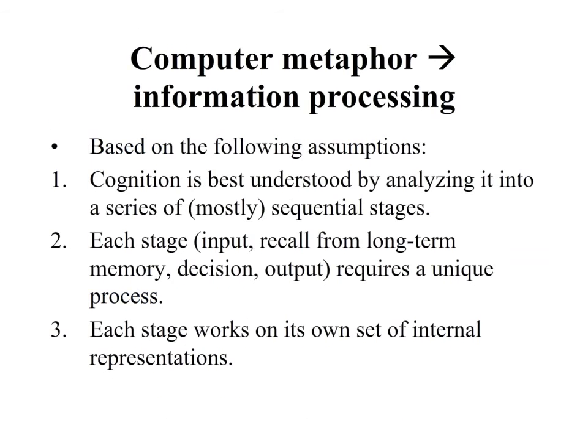All theories, models, ideas about how the mind works are based upon assumptions. And the information processing account is no different. So here are some of the assumptions associated with the information processing model. First, cognition is best understood by analyzing it into a series of mostly sequential stages.